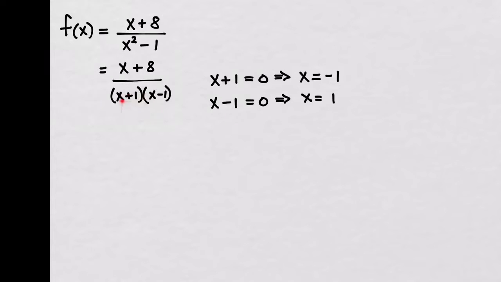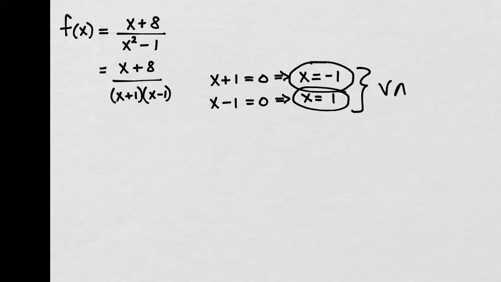Now when I look at these two factors, I can see that neither of them is going to cancel with x plus 8. These are different factors from x plus 8. So that means that both of these are vertical asymptotes. So my two vertical asymptotes are x equals negative 1 and x equals positive 1. Those are both vertical asymptotes, and that's what we have in this particular problem.